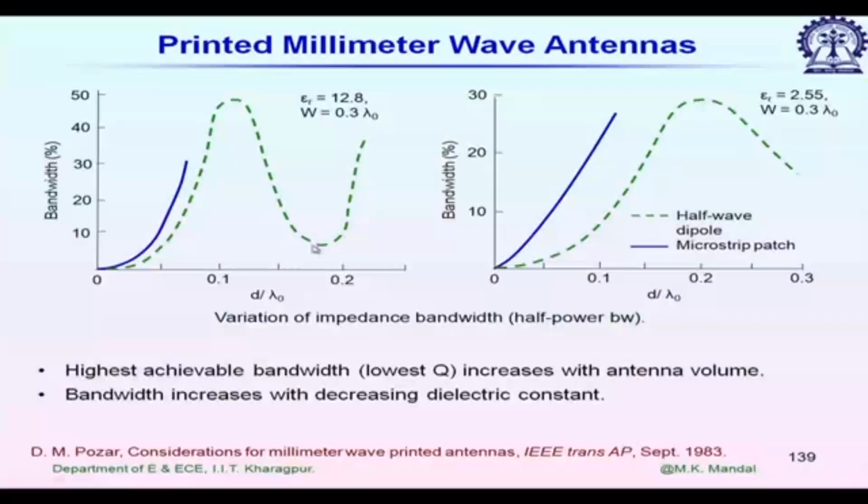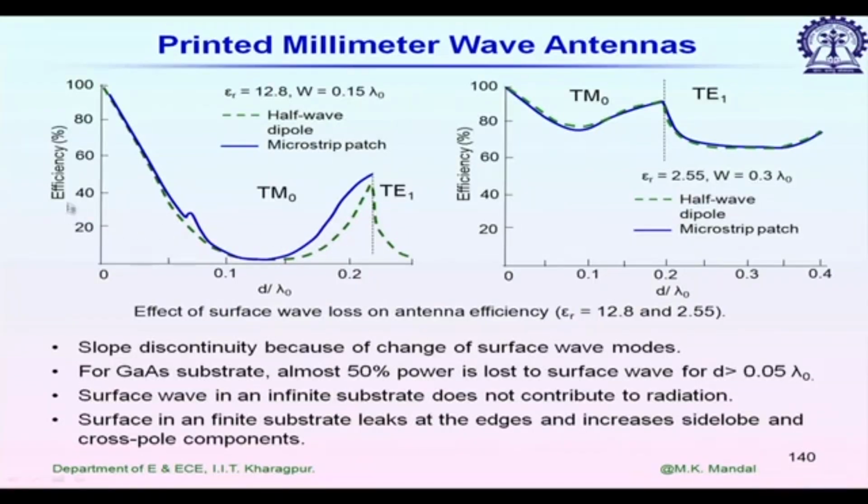So, next we see the antenna efficiency variation with the substrate thickness. For epsilon r equal to 12.8, it is shown by blue and dashed line for the microstrip patch and half wave dipole. As expected, due to surface wave, they all decrease and their decrement almost has a similar value.